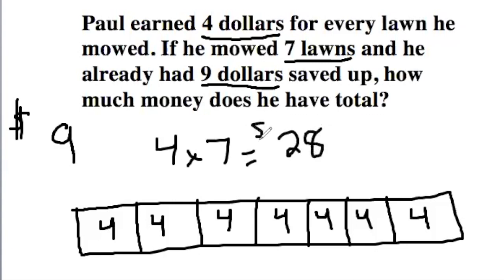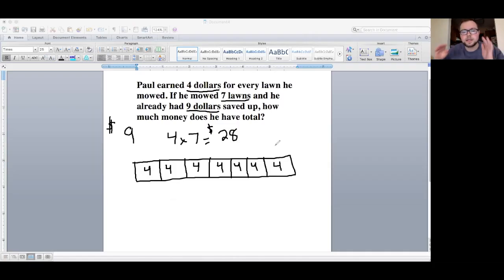Now, this is where we really have to think, because he doesn't have a total of $28, right? How much money did he have already saved up? He had $9 saved up already. So imagine this. Imagine if you had $9 and you just earned 28 more dollars, what's your total going to be? Are you going to add, subtract, multiply, divide?